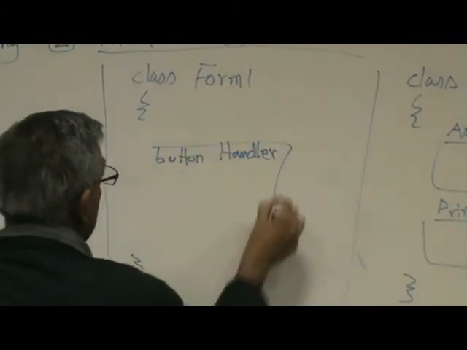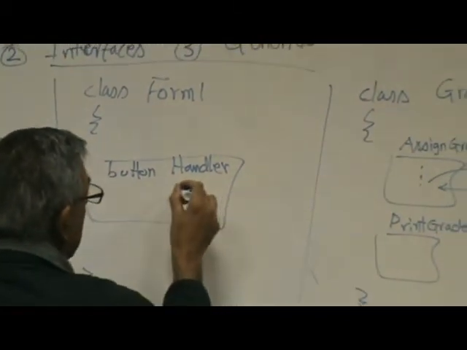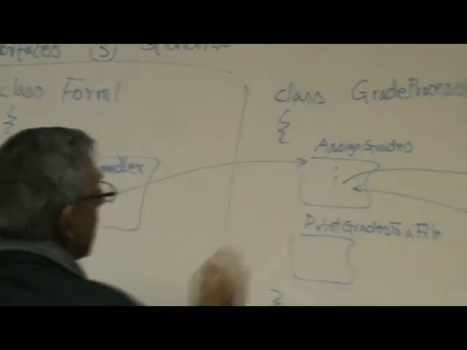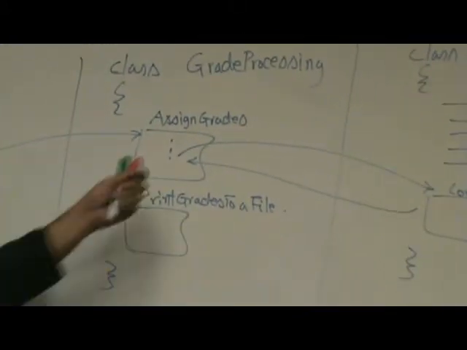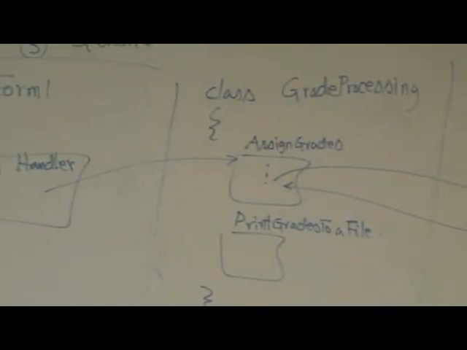Okay, so this button handler creates one object of this class, calls assign grades. Assign grades further inside it calls compute grade, right? Okay, so now how will you write the try and catch in each one of these methods?